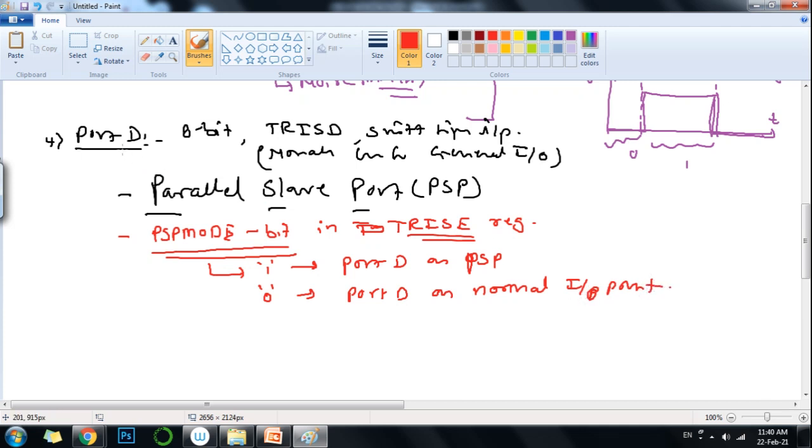So if you want to operate port D for normal I/O, this bit should be reset. But when you want to operate port D as PSP, this bit should be set, and then the port can work as PSP port. Is it clear?